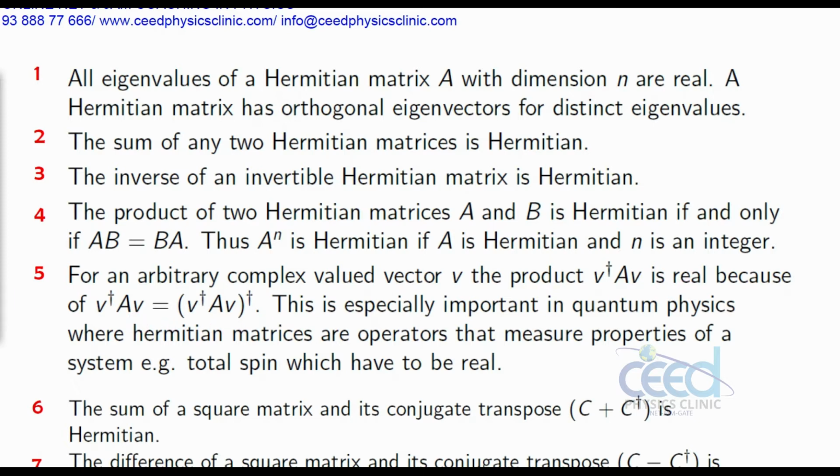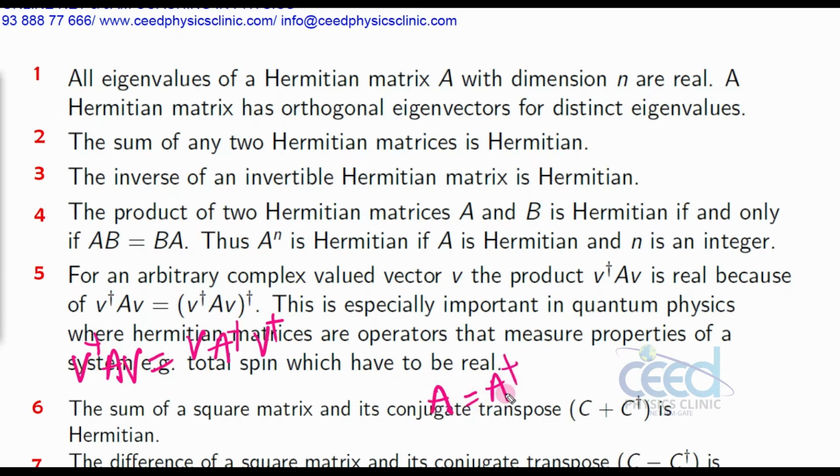Here, I can show you this once more. If you expand this, I will get V dagger dagger, that is V, and A dagger. So here we have V dagger AV, and this means that A is equal to A dagger.